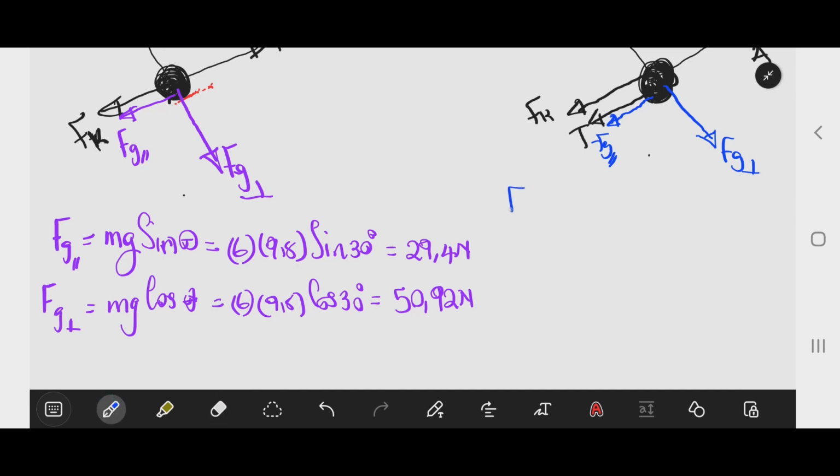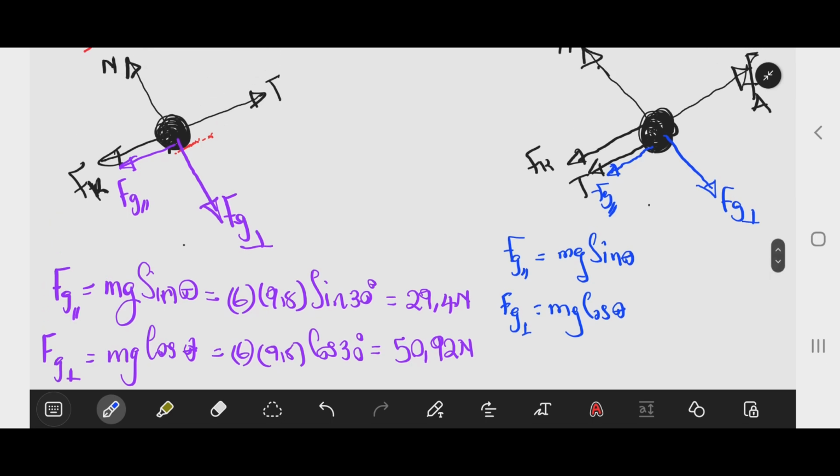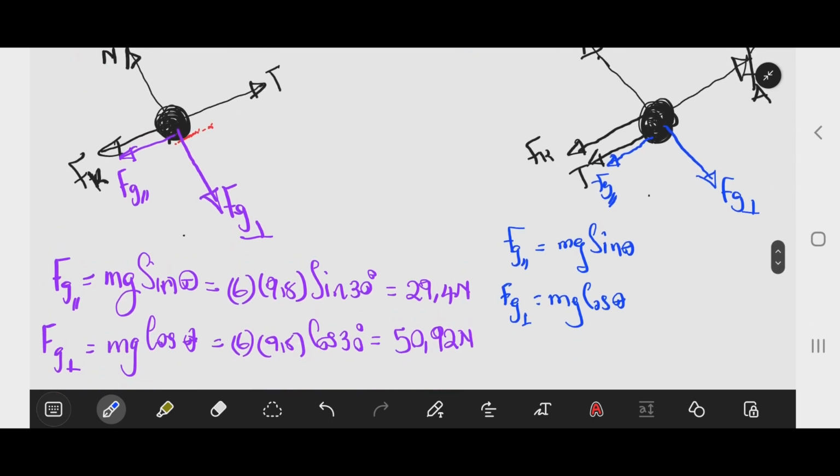I have Fg parallel equals mg sine theta, and Fg perpendicular equals mg cos theta. Remember, we are now performing this calculation for the 3 kg, right?